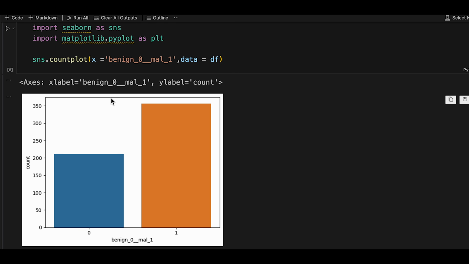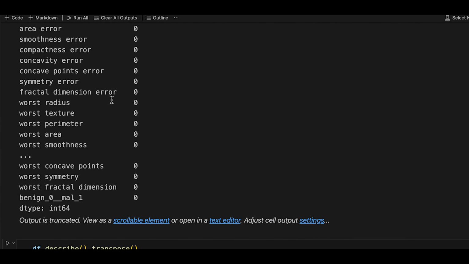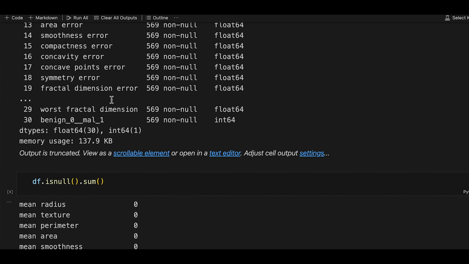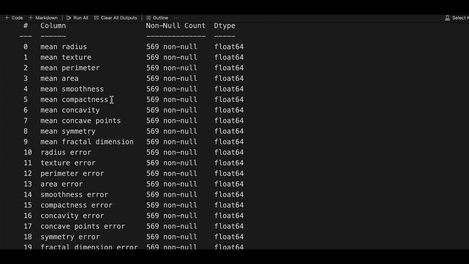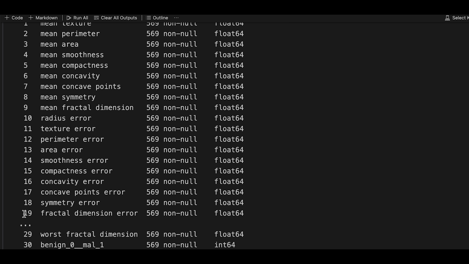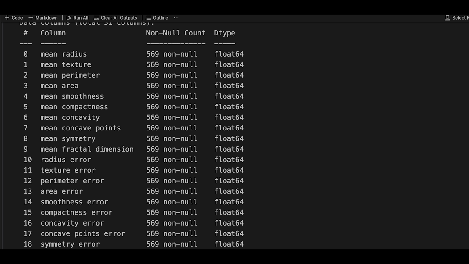If we carefully observe over here, there are up to 30 features that we have. Starting from 0, it goes till 30, where the last column is our output column. So there are a total of 30 input features, and using these 30 input features we need to predict the output.